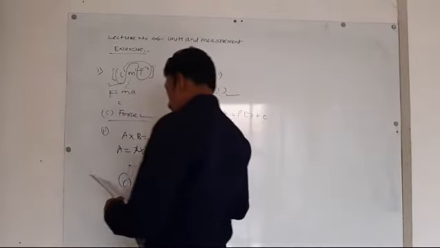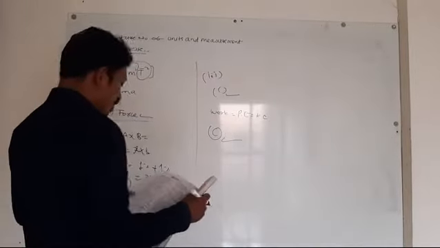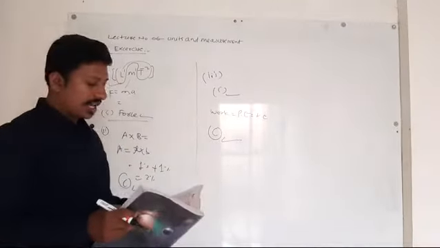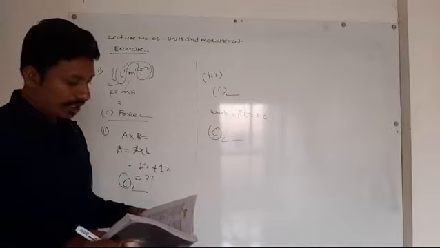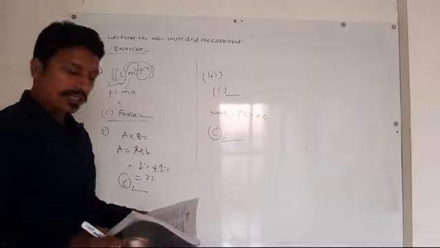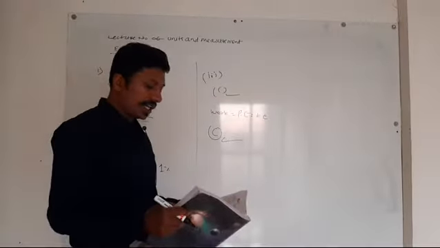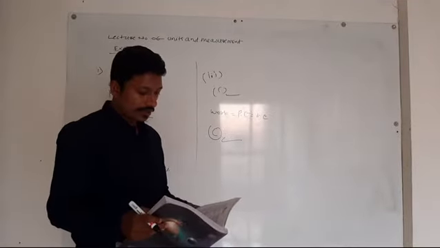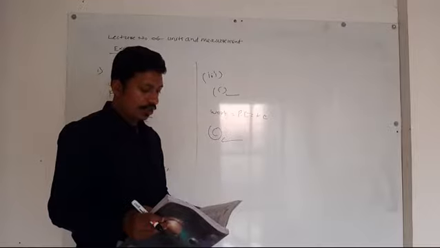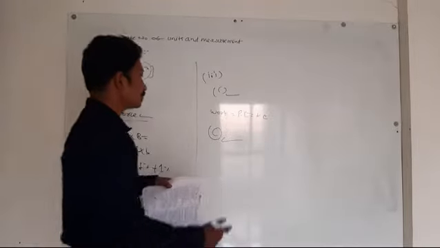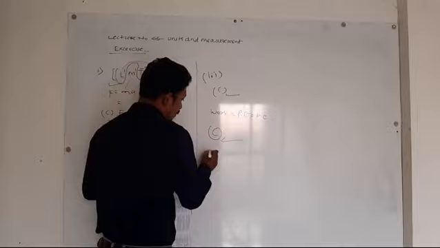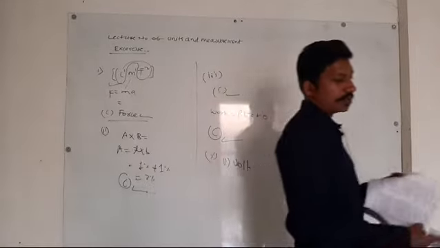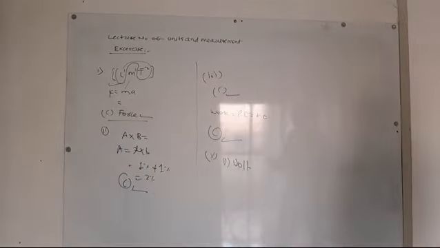Students, centimeter, that is a unit of length, a fundamental unit. Kg, that is mass, is also a fundamental unit. C, centigrade, is also a fundamental unit. Then D, volt, is the correct option, because volt is the potential difference and potential difference is not a fundamental quantity, right?